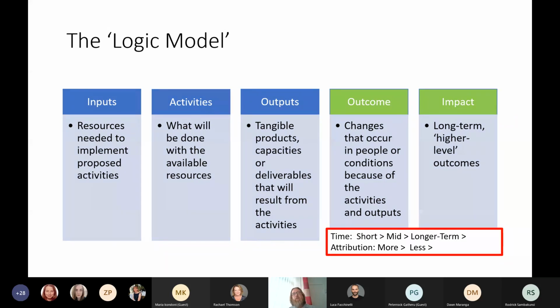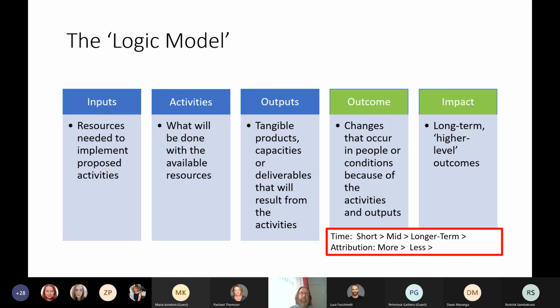When you start to look at longer term, higher level impacts, although your work will ideally have contributed to those impacts, it may not be so easy to directly attribute your work to it. So there is that sort of distinction between outcomes and impacts, but essentially they're all outcomes of some description or another. So that's a very simple introduction to a logic model.